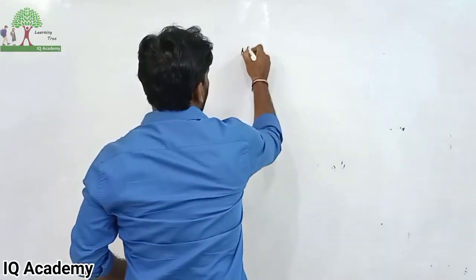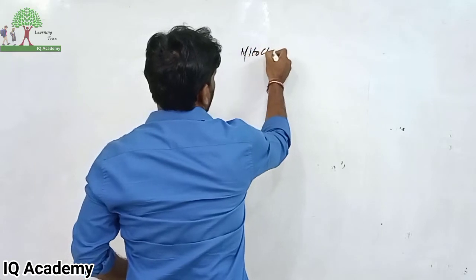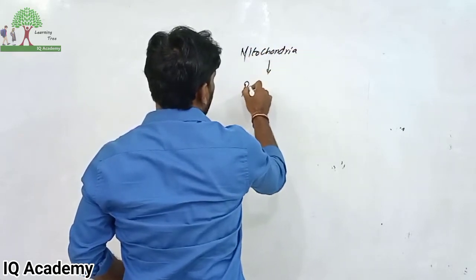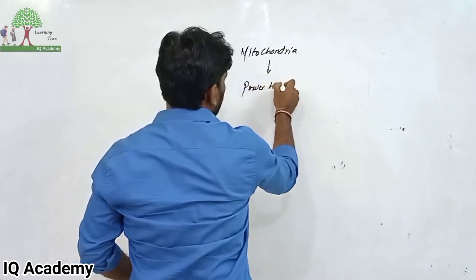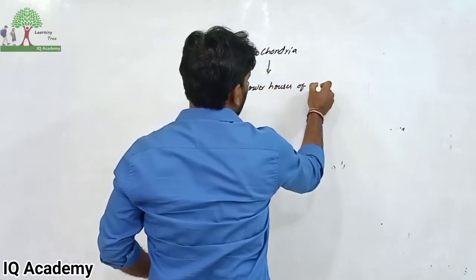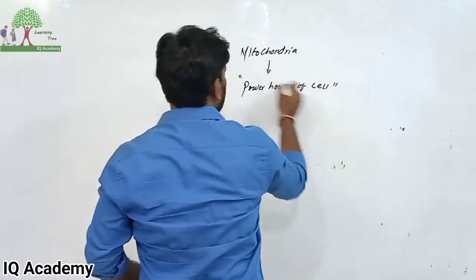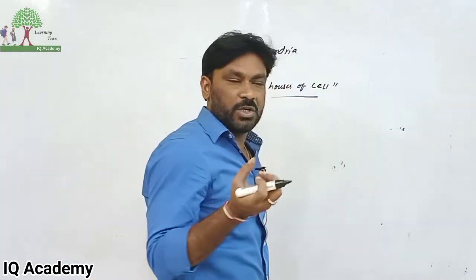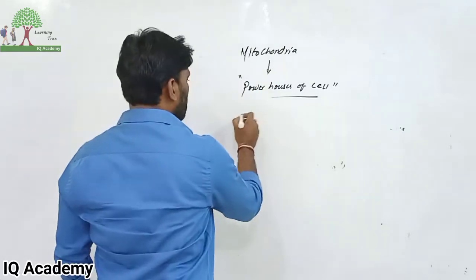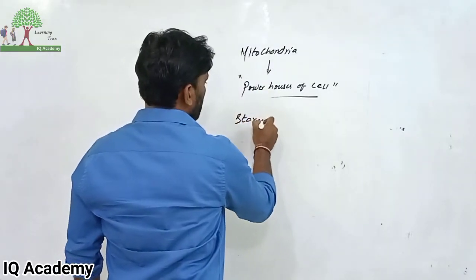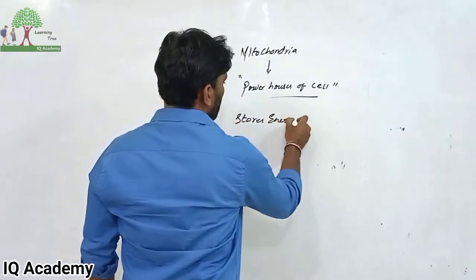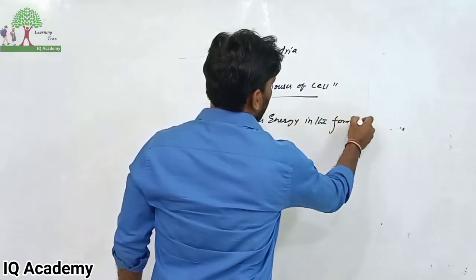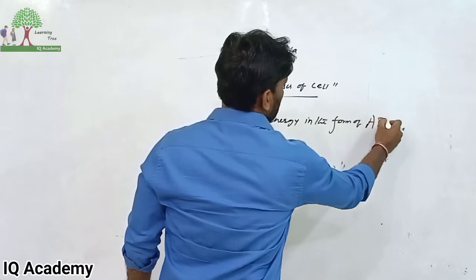Mitochondria is called the powerhouse of the cell. Why is it called so? Mitochondria stores energy in the form of ATP.